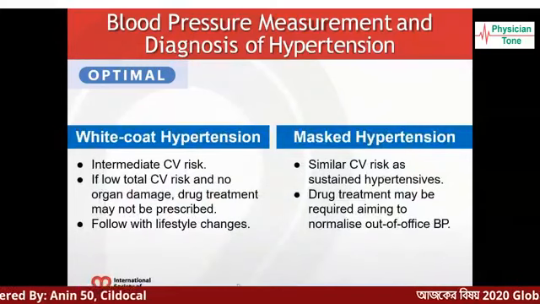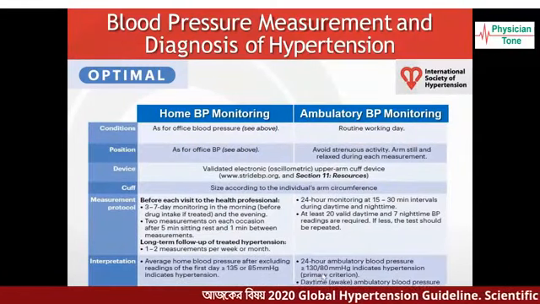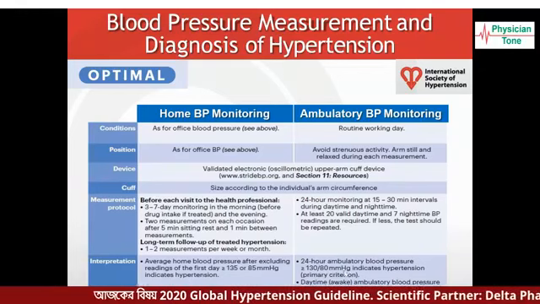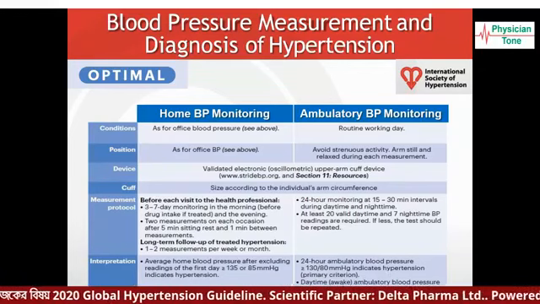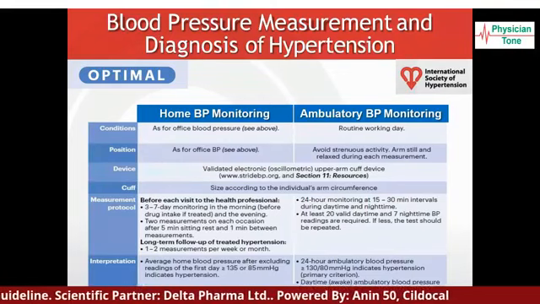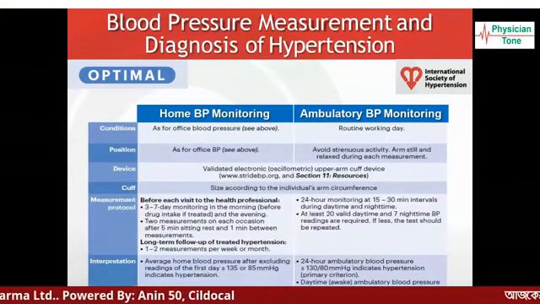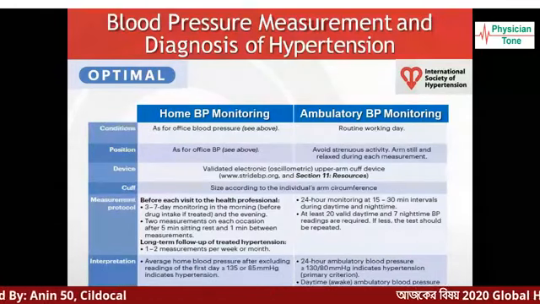And in case of 24-hour monitoring, as I mentioned, an average of 130 over 80 millimeters of mercury indicates hypertension, and also a daytime average of 135 over 85 indicates hypertension, and a nighttime average of 120 over 70 millimeters of mercury indicates hypertension.